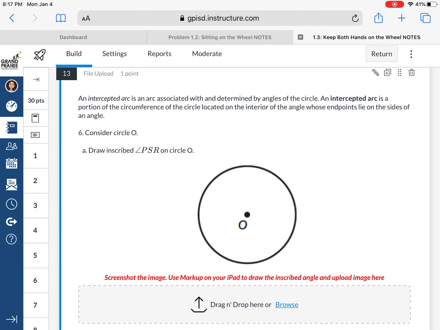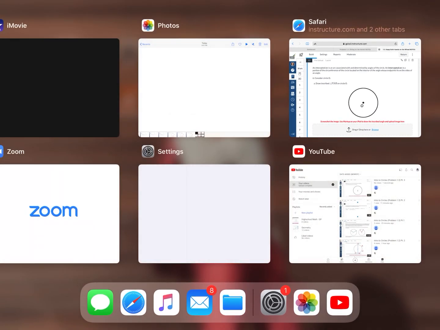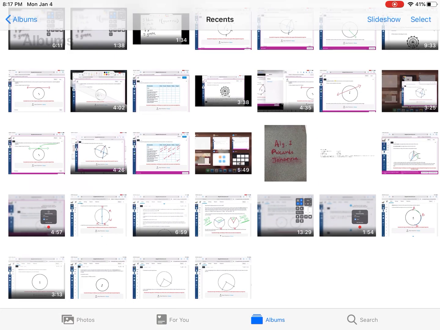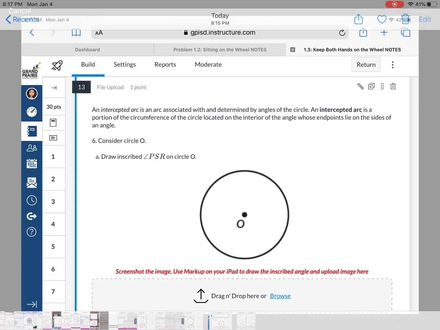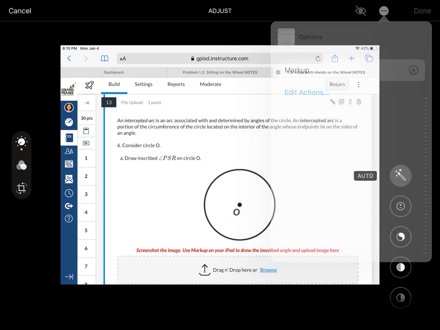Let's go ahead and draw an inscribed angle first, and then we can see what we're talking about here. So we're going to go to our pictures. There we go. And we're going to go ahead and draw an inscribed angle.